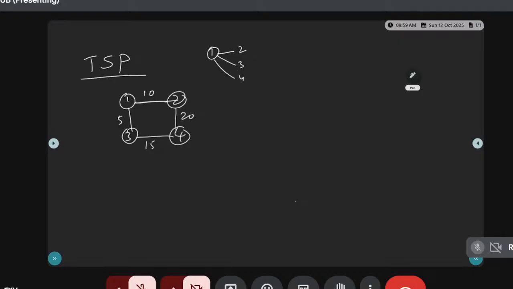Then suppose you have decided that first I will deliver the fourth item. Then he has to travel 1 to 3, then 3 to 4. So that is 5 kilometers and 15 kilometers. First 20 kilometers is traveled. The first item, which is at the fourth location, he has delivered.